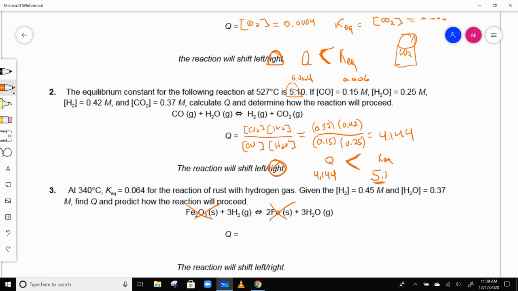So Q is equal to the concentration of H2O to the third over the concentration of H2 to the third. Right? Products over reactants. Again, Q is the same thing as KEQ. It's just we say Q because we don't know if it's at equilibrium or not. And KEQ is the equilibrium constant. So H2O is 0.37, and then H2 is 0.45.